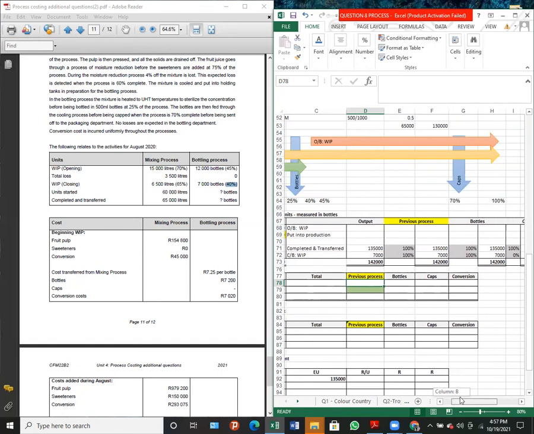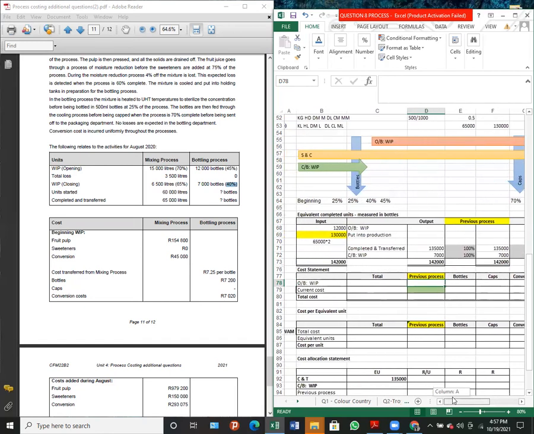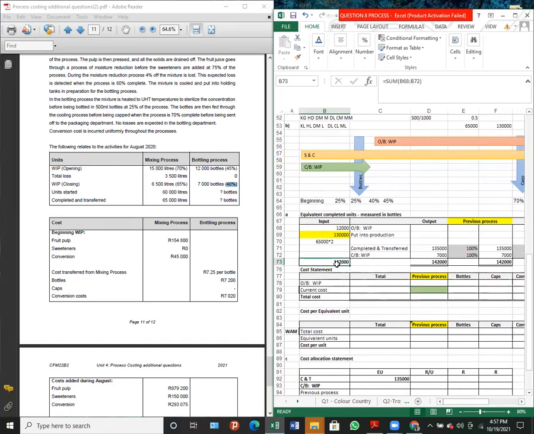Total units input, this one, eh? Yes. Minus put into production. Minus 130, ne? Yes. Which is opening, equals to opening, eh? Yes.